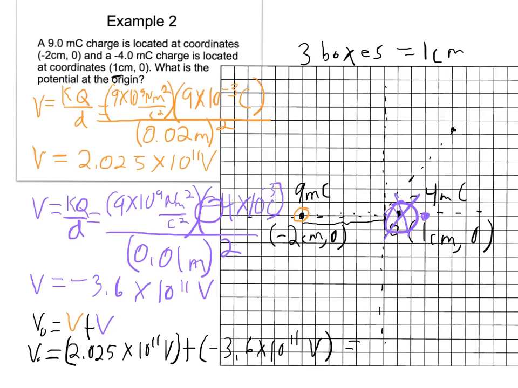And I get, rounding just so the decimals don't get crazy, negative 1.58 times 10 to the 11 volts. All right. Our voltage from the negative charge was clearly stronger, because our total voltage ended up negative. And there we go. That's how you calculate the voltage.